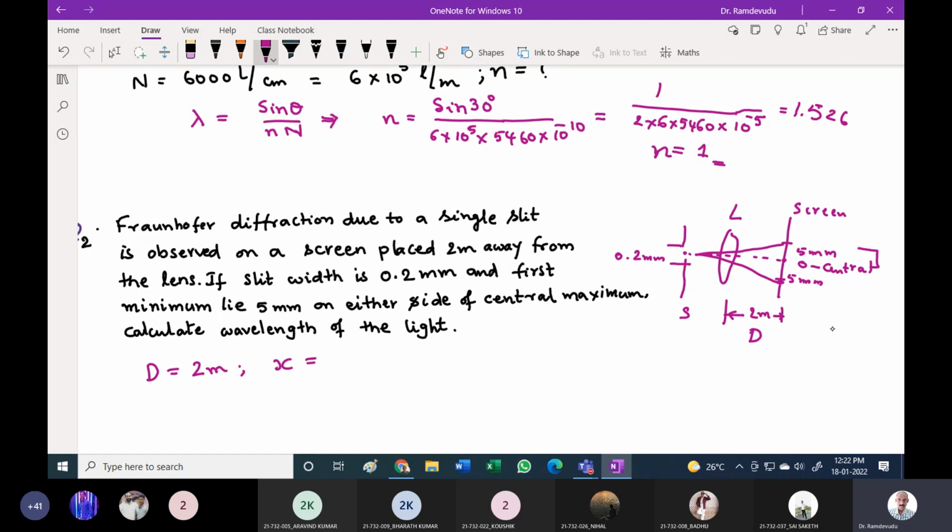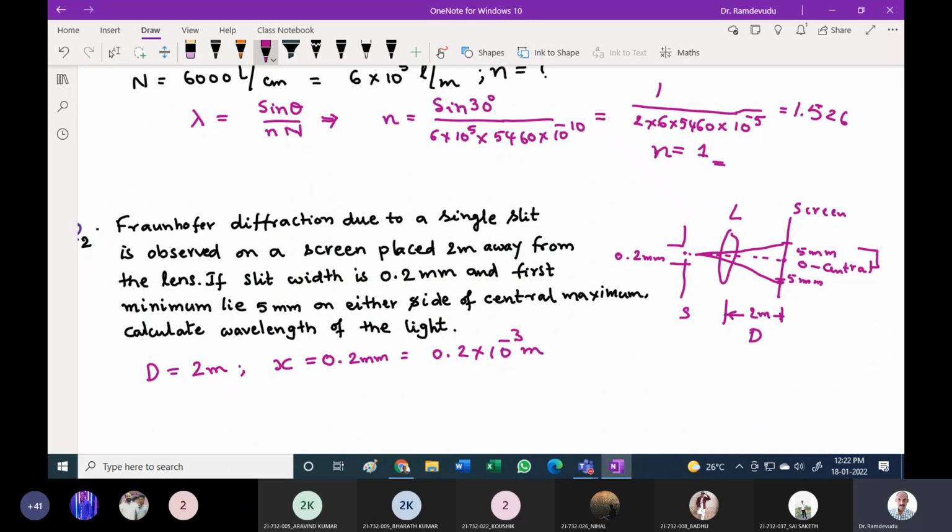In our laser experiment also, you found the distance between corresponding maxima, first order, second order.